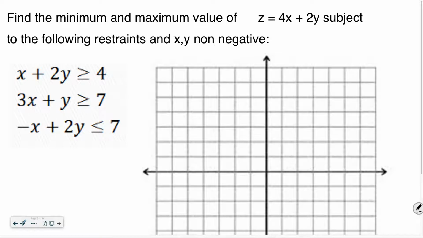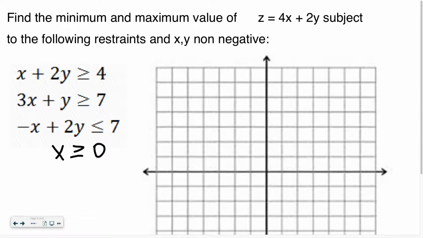I have a question. Does yours have an x is greater than or equal to 0? I want you to add in x is greater than or equal to 0. Can you do that for me? All right.